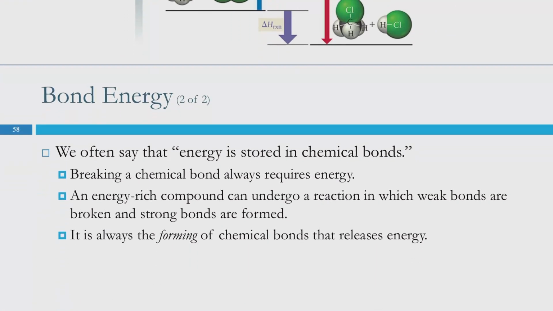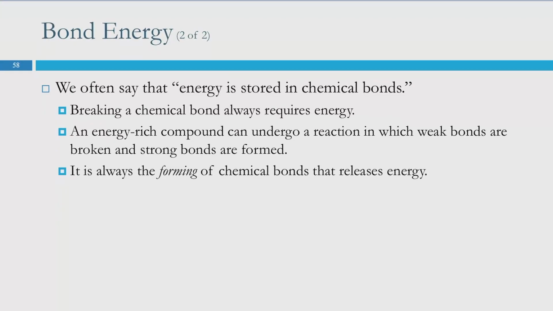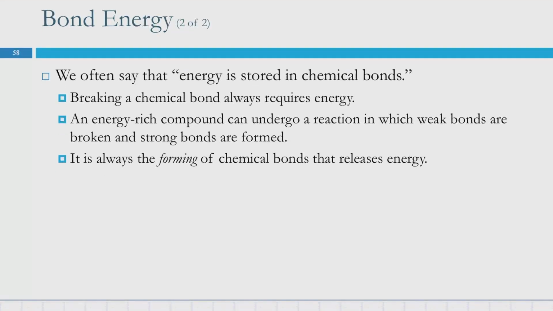Whoever we is, they often say energy is stored in chemical bonds. If you break a chemical bond, that takes energy. Energy-rich compounds, like TNT, have weak bonds. Weak bonds are easy to break.